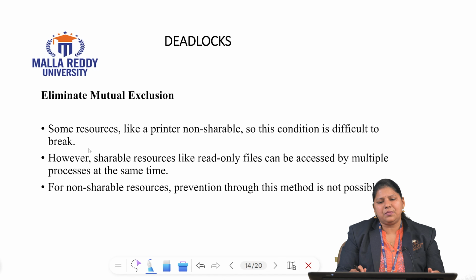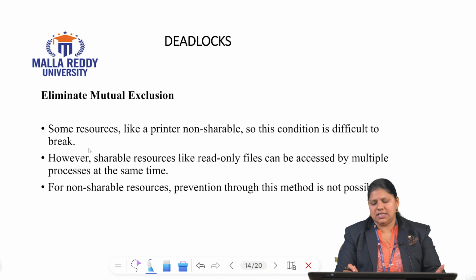Some resources like printers are non-shareable, so this condition is difficult to break. However, we can share files, like read-only files, which can be accessed by multiple processes at the same time. So, here we can prevent the deadlock situation. For non-shareable resources, preventing through this method is not possible.